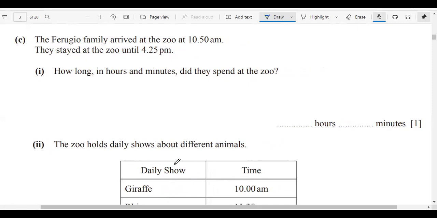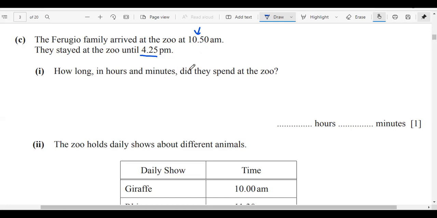Hmm. Yes. This is their final time. This is their starting time. You need to find the difference. But for finding out the difference, you cannot think about it this way, okay?